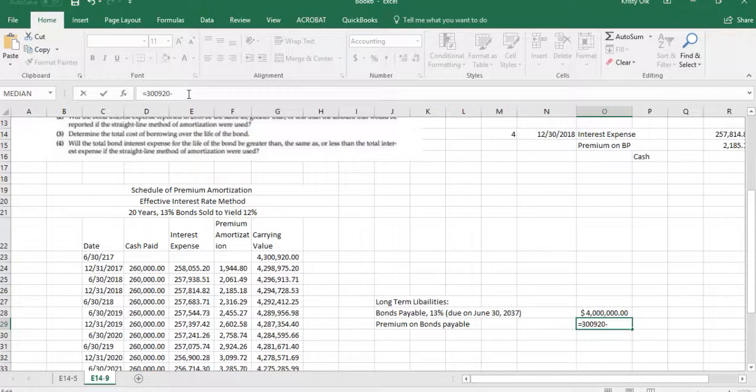Then we would reduce it by the 3 periods that we have had bond premium amortization.